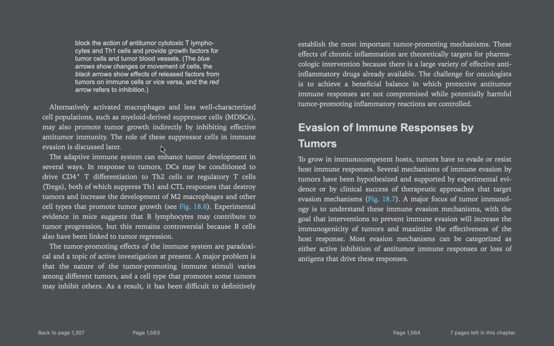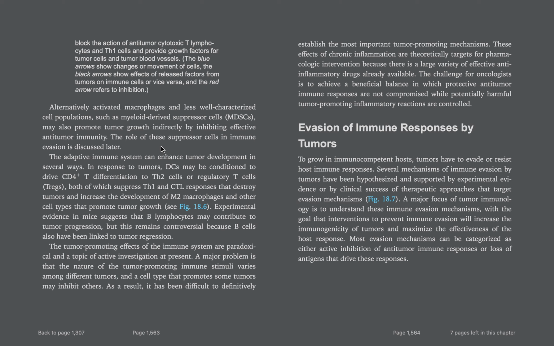Alternatively, activated macrophages and less well characterized cell populations such as myeloid-derived suppressor cells may also promote tumor growth indirectly by inhibiting effective anti-tumor immunity. The role of these suppressor cells in immune evasion is discussed later. The adaptive immune system can enhance tumor development in several ways.